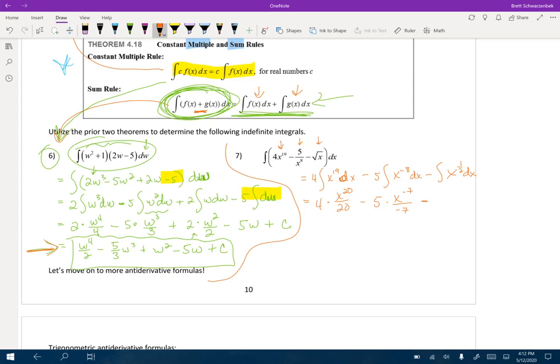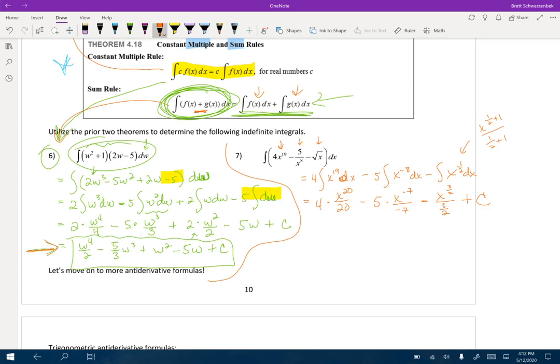Minus, what about x to the 1/2? Well, I'm going to do an aside over here. We're going to get x to the 1/2 plus 1 over 1/2 plus 1. So what is 1/2 plus 1? It's 3/2. So we're going to get x to the 3/2 over 3/2. And then since we're at the end, we have to put a plus c.